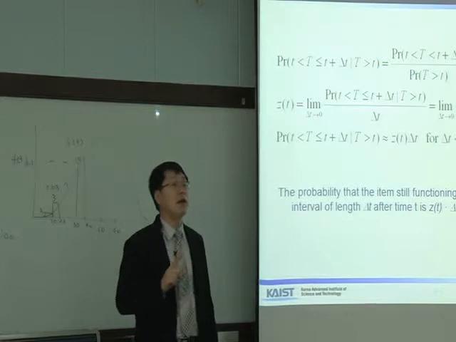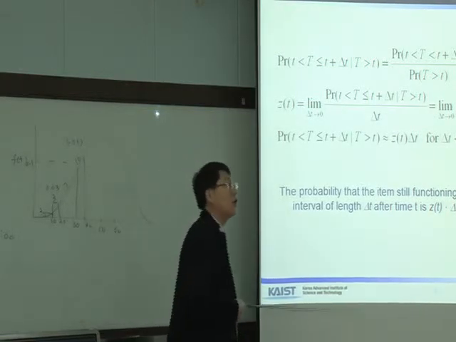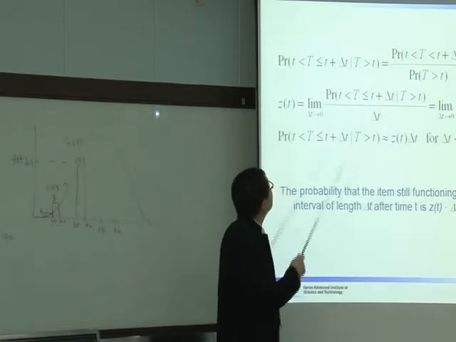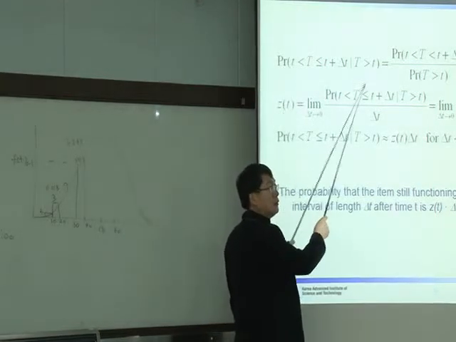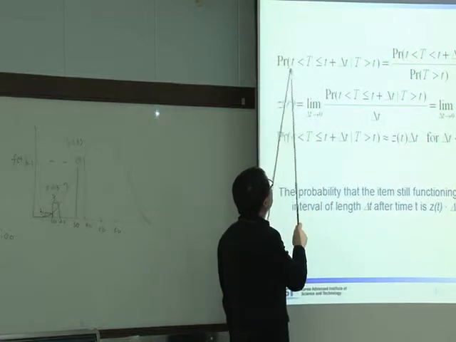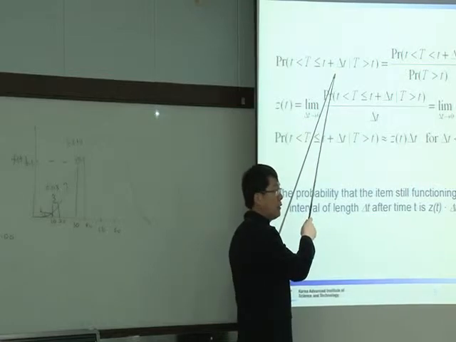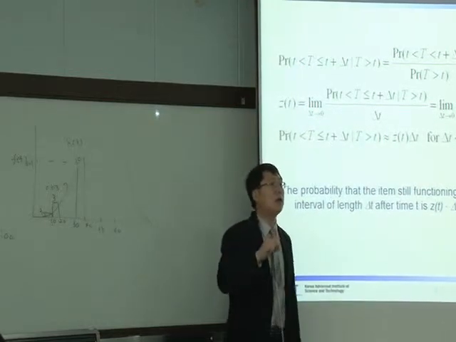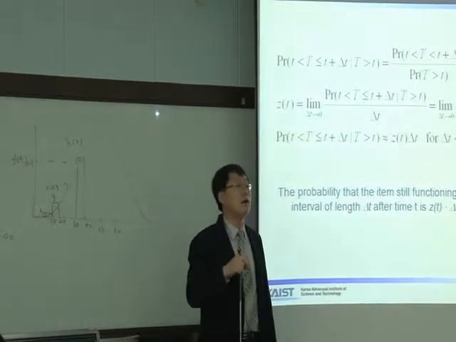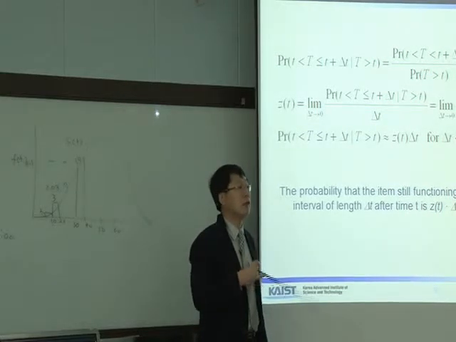This is a little confusing. You know the conditional probability. So the meaning of this: probability T greater than t plus delta t. In this case, we consider the death of the surviving person. Okay?